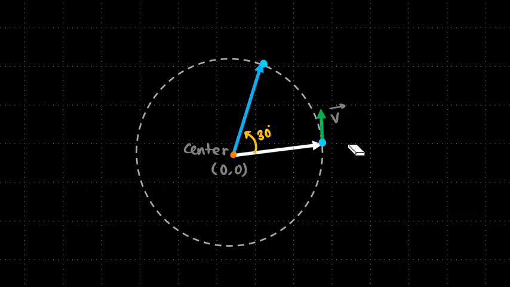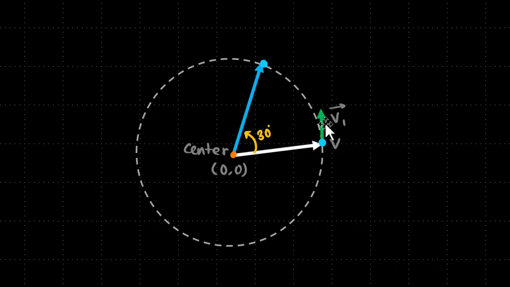Now, we need to talk about what is the change in velocity after it has described an angle of 30 degrees. So the velocity is going to go from this. This is going to be the first velocity. The magnitude of velocity is still going to be v, right? So that's something that's going to remain constant.